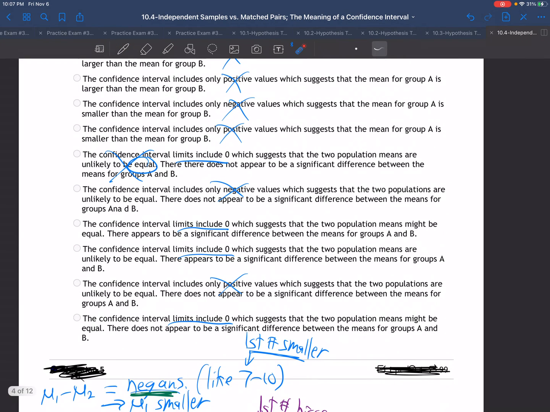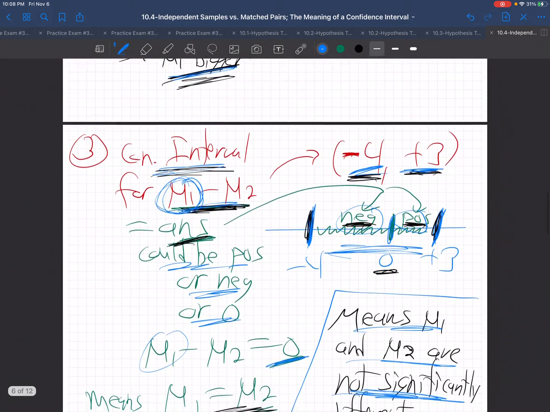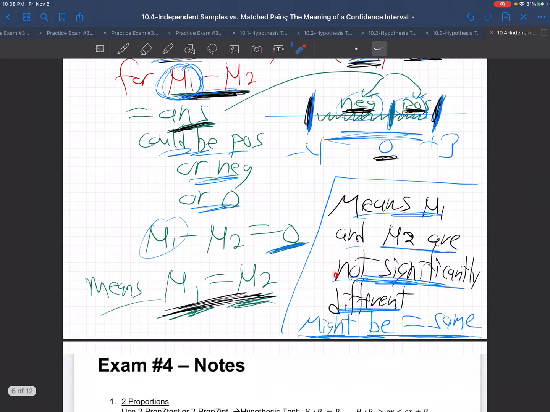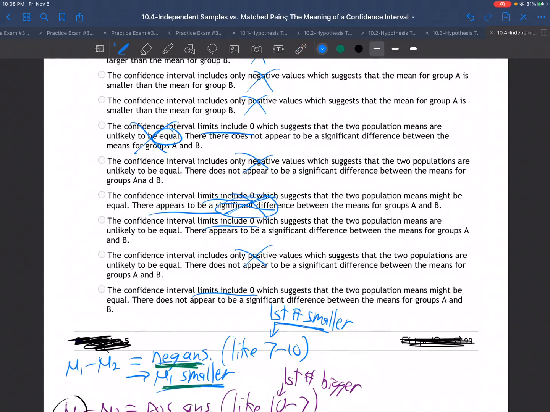You understand that? The confidence interval which suggests that the two population means might be equal. Right? They might be. There appears to be a significant difference? No. There does not appear to be significant. No, there does not. Right? That's what this says down here. There's not a significant difference. Right? They might be equal. There's not a big difference. Not a significant difference. All right, come on down here.